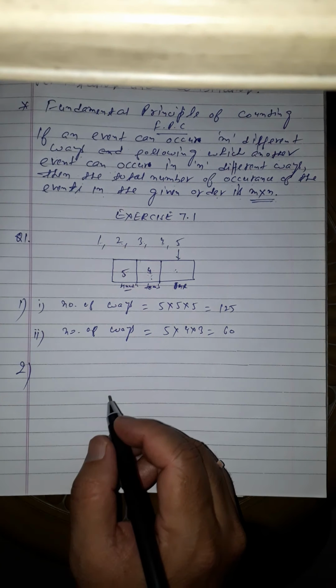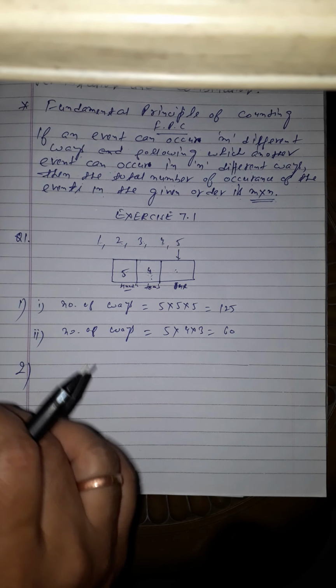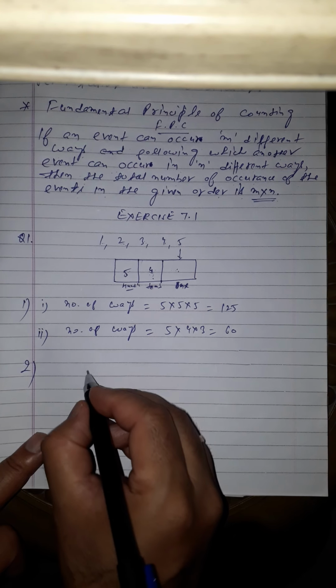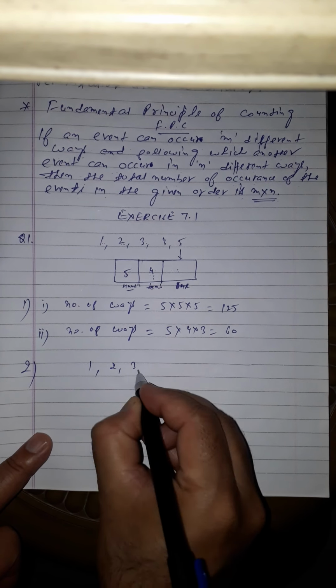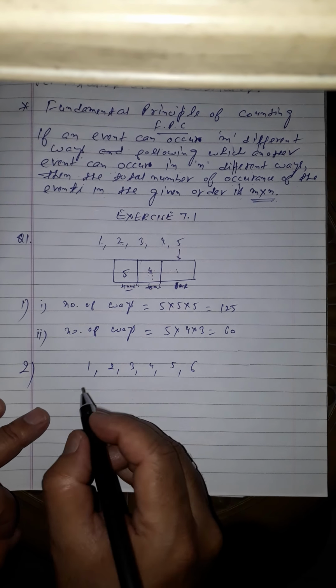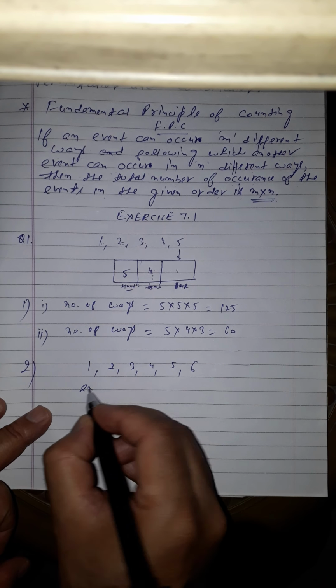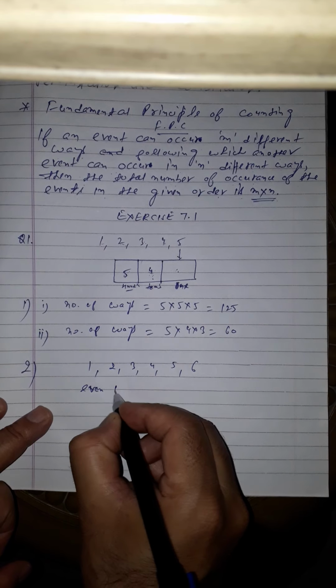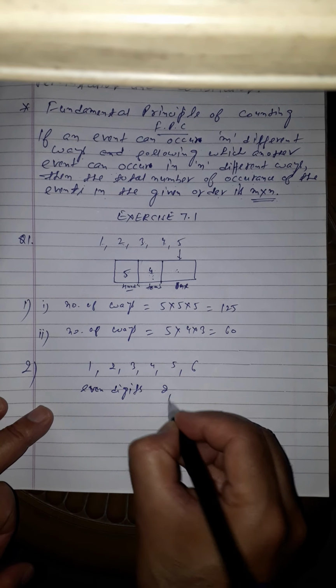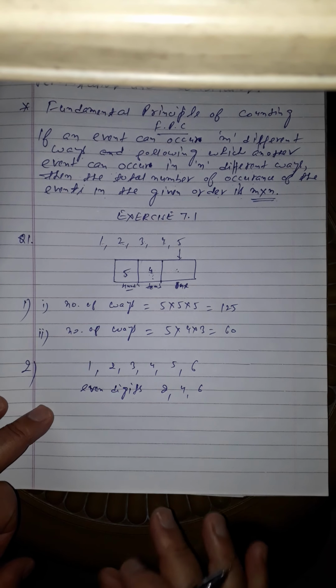Let us come to question number 2, students. How many 3 digit even numbers can be formed by the digits 1, 2, 3, 4, 5, 6? Now we have to use the even digits here, students. Even digits, that is we have 2, 4 and 6.